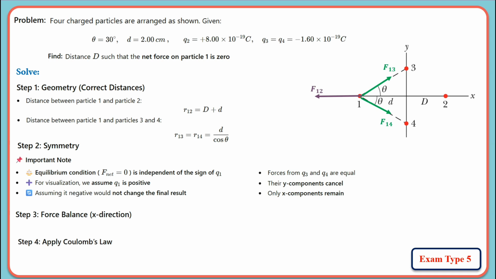The force from particle 2 must be equal to twice the horizontal component of the force from particle 3. So we write F12 equals 2 times F13 cosine theta. Next, we apply Coulomb's law and substitute the expressions for each force. Great. Now we are ready to simplify and solve in the next step.